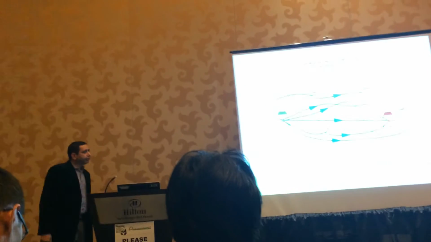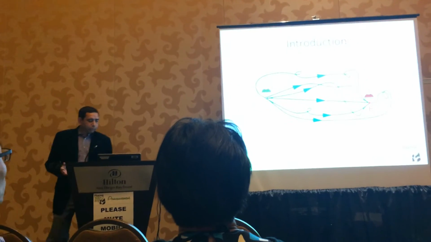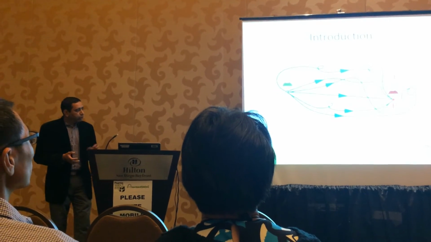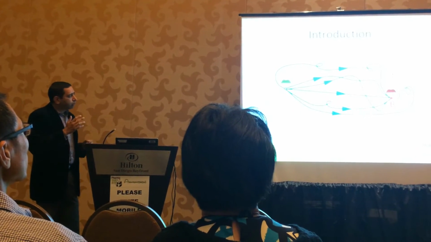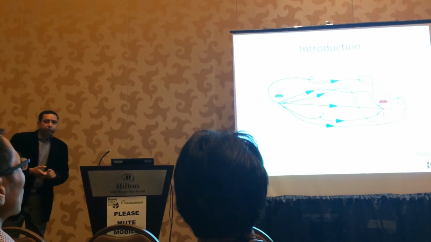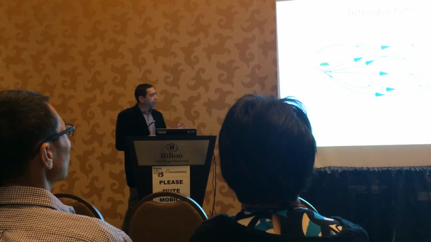The first slide shows there are 2 points, point A and point B. So what we are talking about is, say we want to go from point A to point B. If we want to travel from point A to point B, we have 2 goals, a primary goal and a secondary goal.